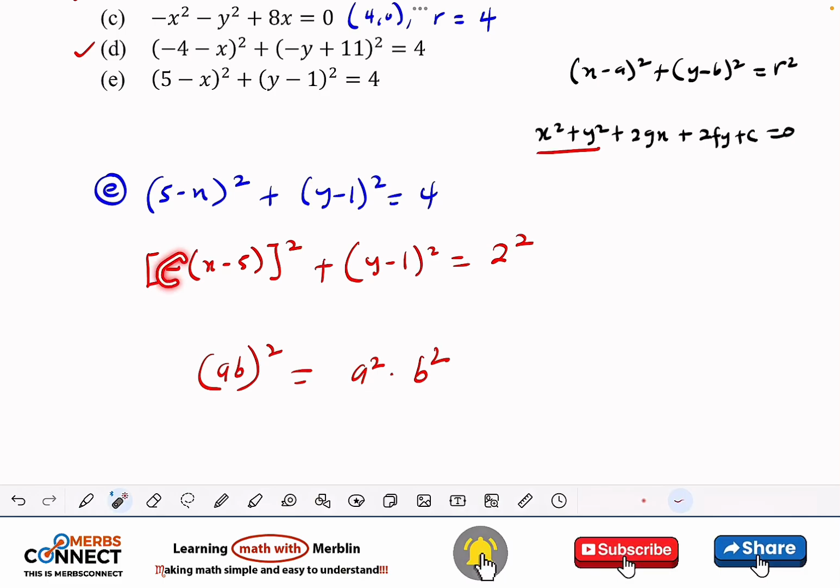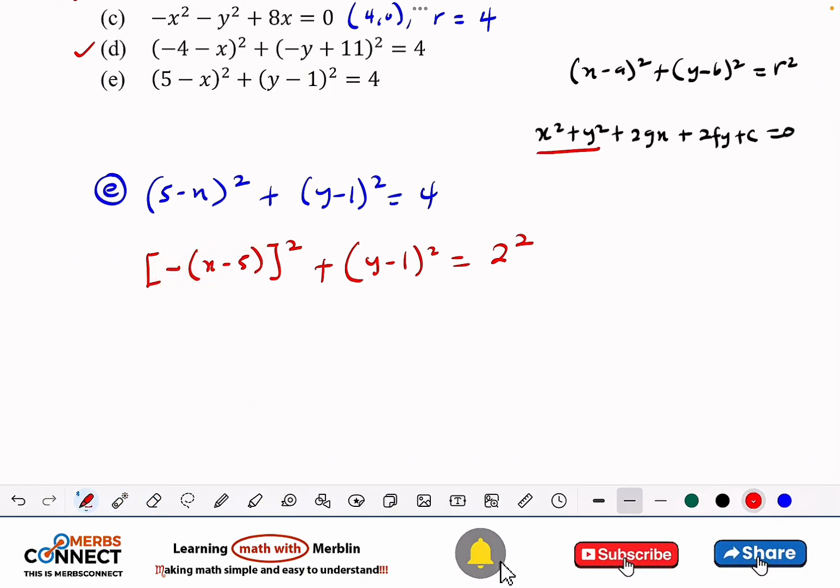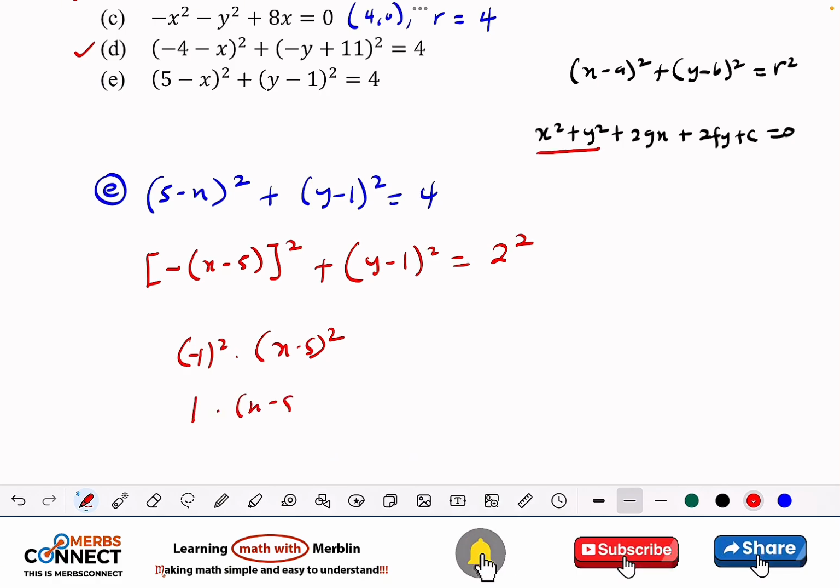So we have minus times this. This can be written as minus 1 squared times x minus 5 squared. And minus 1 squared is 1 times x minus 5 squared, which is the same as x minus 5 squared. So this is going to give us x minus 5 all squared plus y minus 1 squared is equal to.